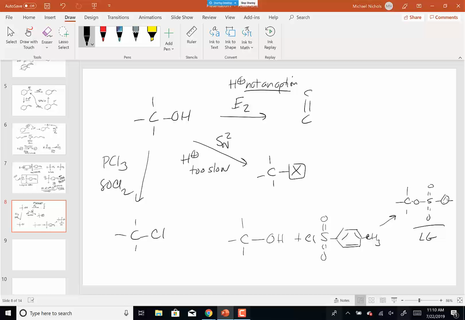And so now I can do E2s, I can do SN2s. And there are advantages to using tosylate ester as well as using chloride. If I use a tosylate ester, then I don't have to worry about potentially doing any rearrangements. But now I've converted OH into a good leaving group. So that's where our E2 has got to be done that way. You've got to convert OH into a chloride or a tosylate ester, either one.